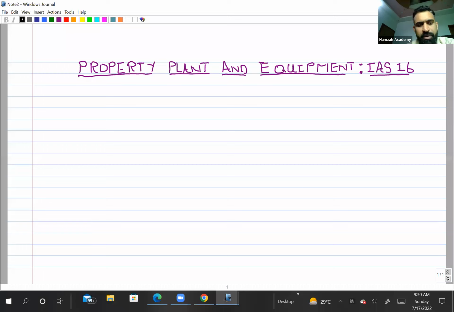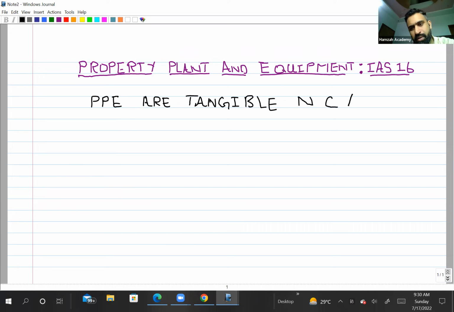If we define it, the definition is: property, plant, and equipment are tangible non-current assets.